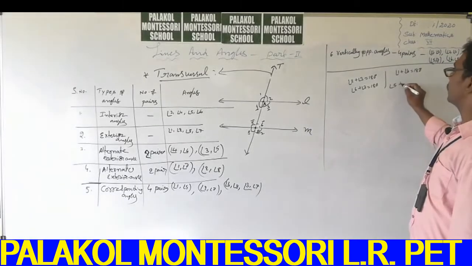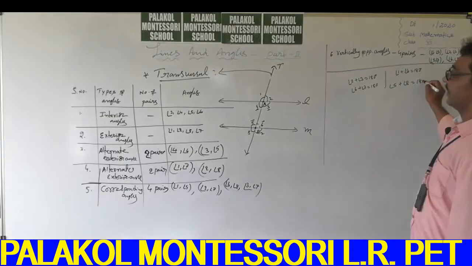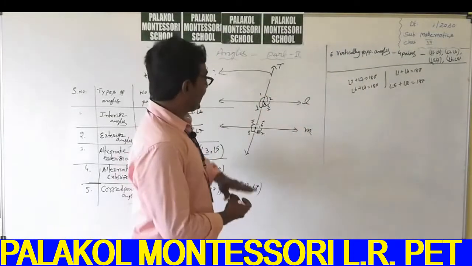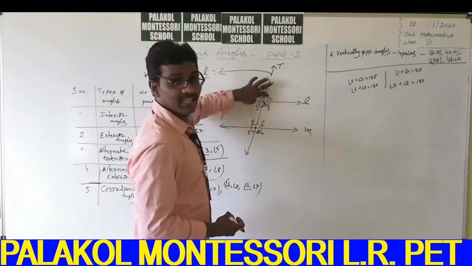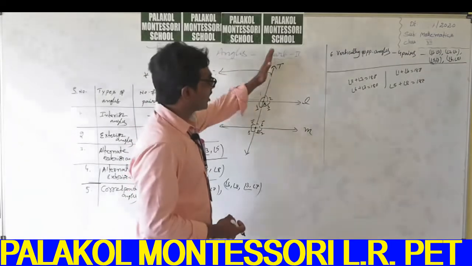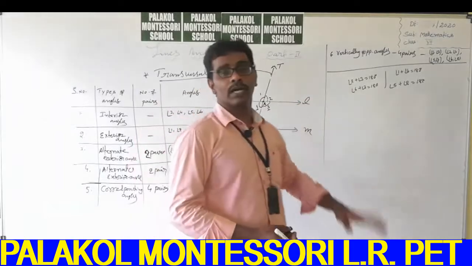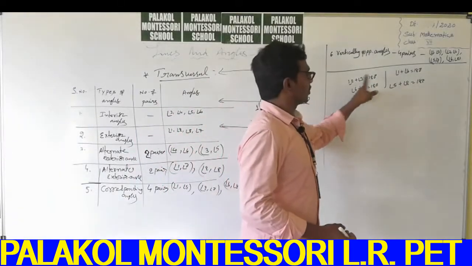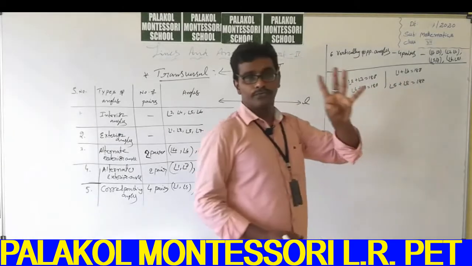Angle 5 plus angle 8, 180 degrees. So that means the sum of interior and exterior angles on the same side of the transverse is 180. So how many pairs? 1, 2, 3, 4, 4 pairs.